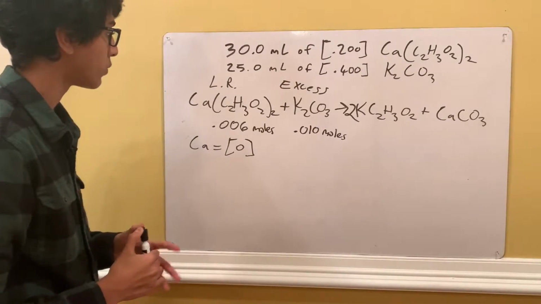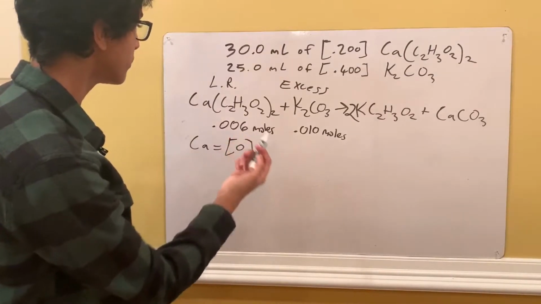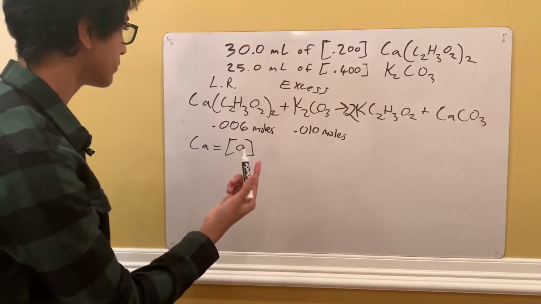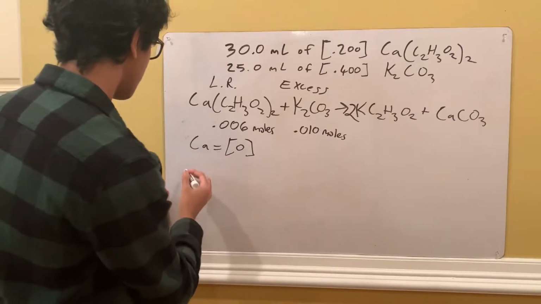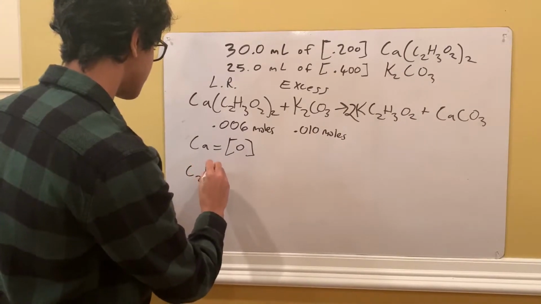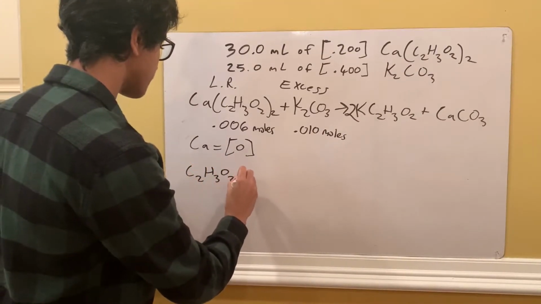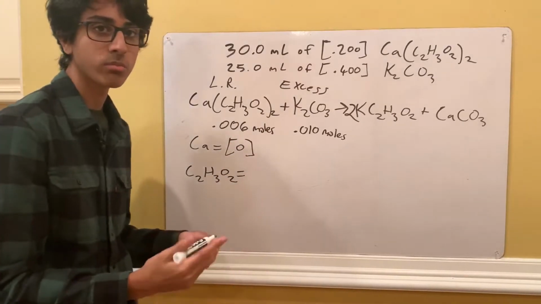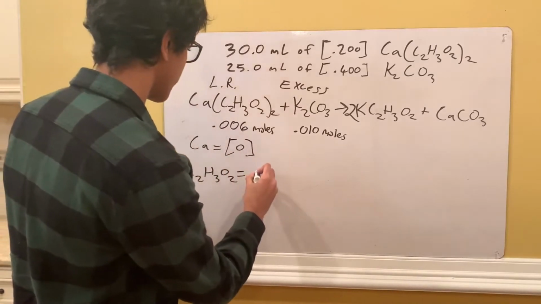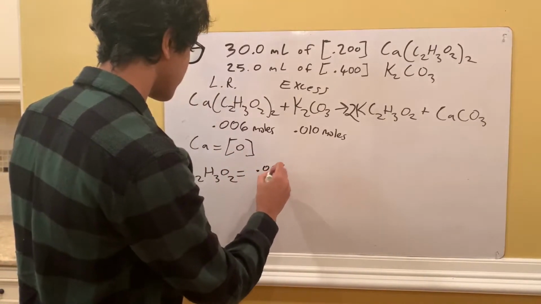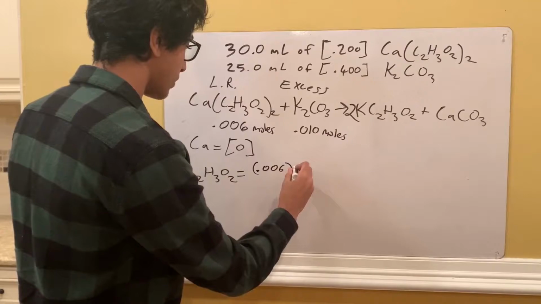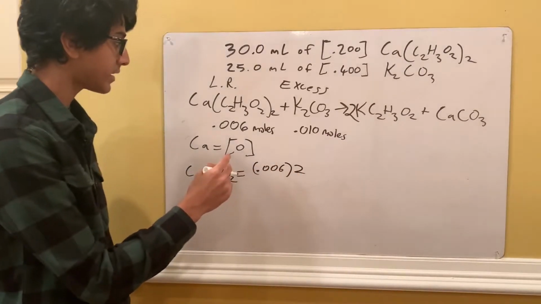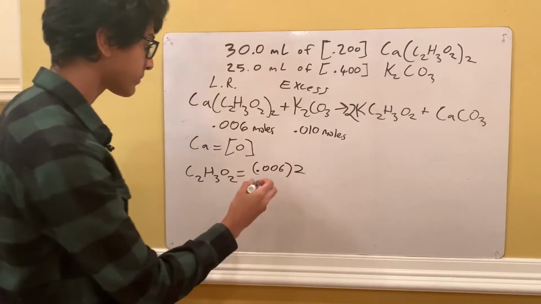Next, we can solve for C2H3O2. We're going to solve for the molarity, so it's moles over liters. We know it's 0.006 moles, but we have to multiply it by 2 since there's a subscript of 2 there.